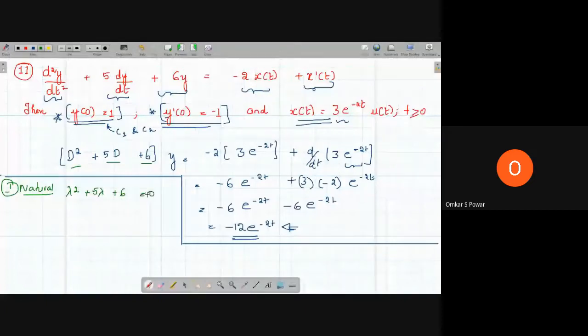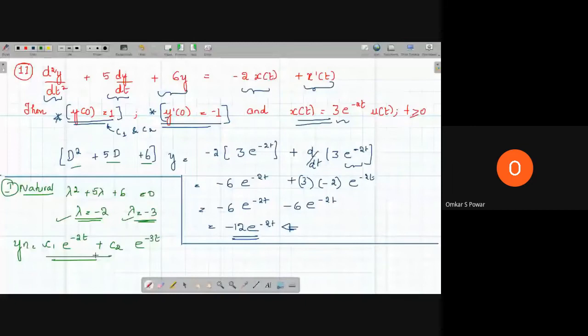Now use your calculator, or you can do it manually, because 3 × 2 is 6 and 3 + 2 is 5, and λ = -2 and λ = -3. So you have got 2 lambdas. Then what is your natural response? C1 e^(λ1 t) + C2 e^(λ2 t). So this is your natural response.